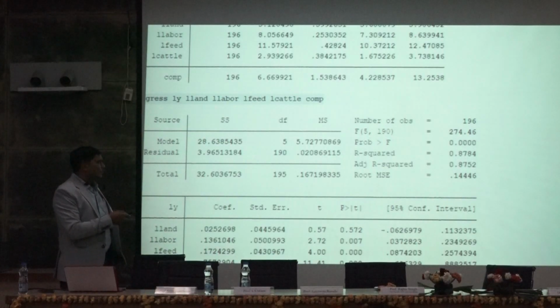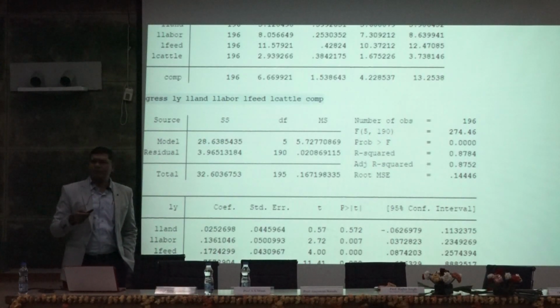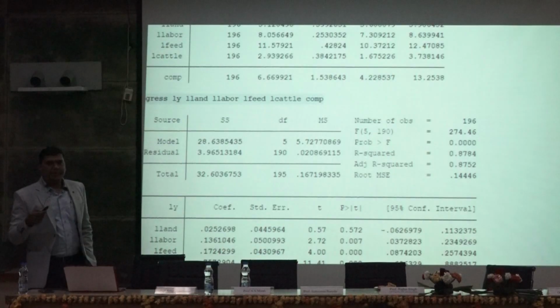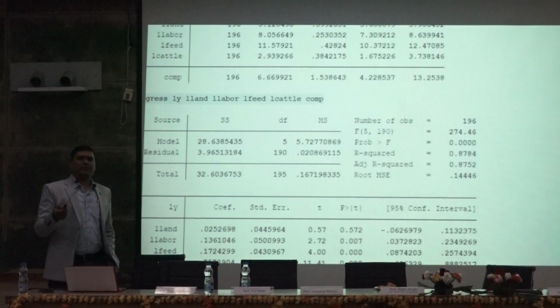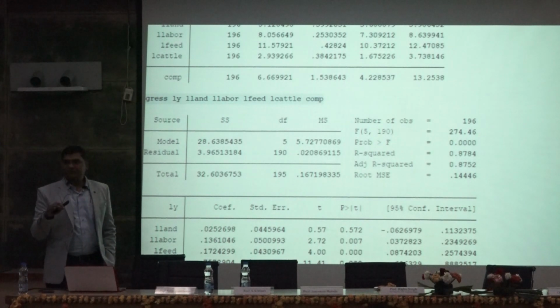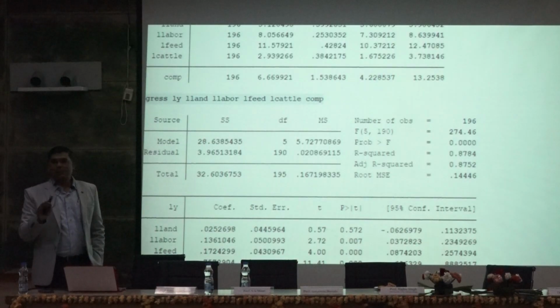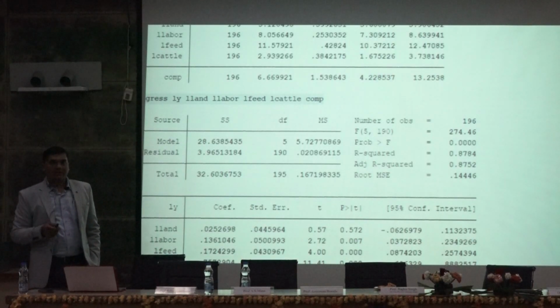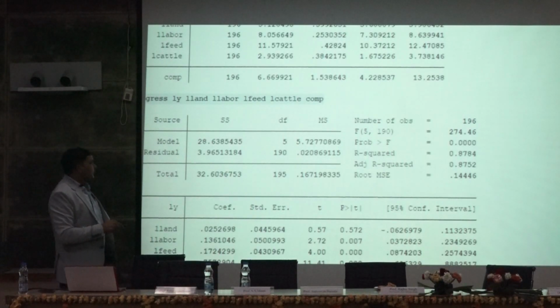Mostly if this value is greater than 0.75, there is a lower bound at which we can say that this model is good or not. That is 0.75, around 75%, we can say that the model is good. So the first step is to check the overall significance of the model, and the second step is to check the R square value.